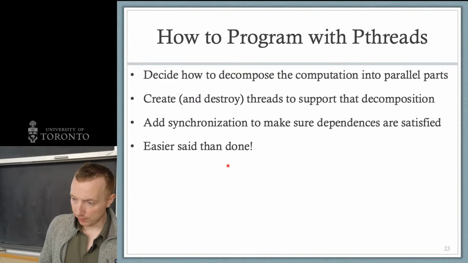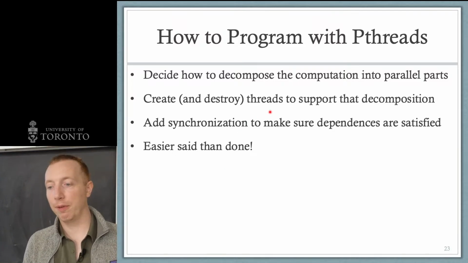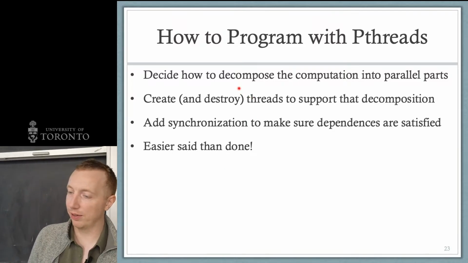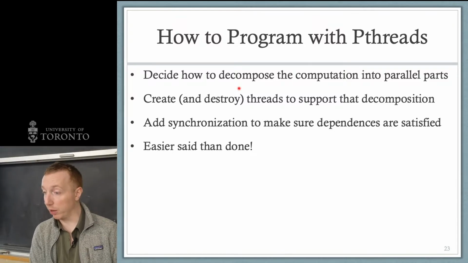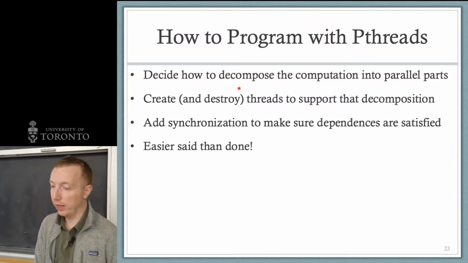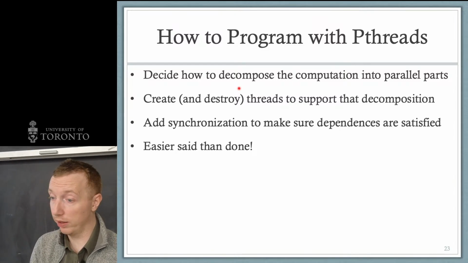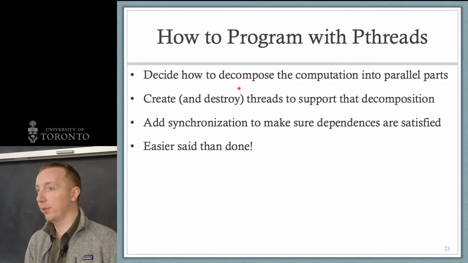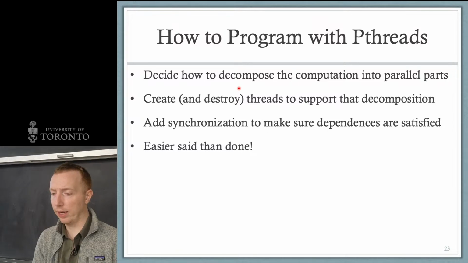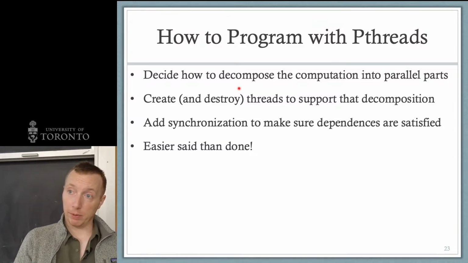So how to properly program with it? Well, the most important thing for this course is that I first have to decide what I can actually run in parallel. Then I have to create some threads so I can actually run the work in parallel, and then argue about data races, prevent data races, and add some synchronization code to make sure that data races do not happen.